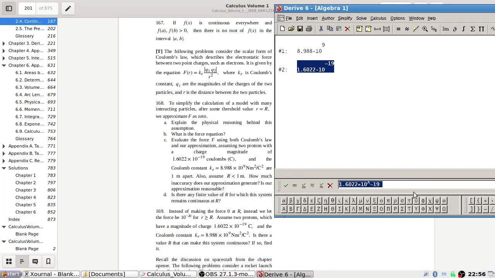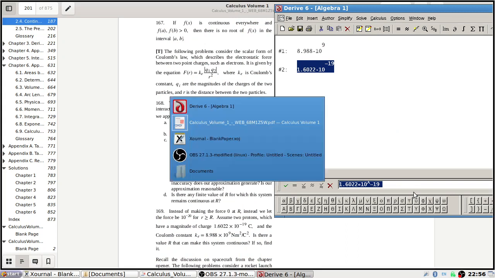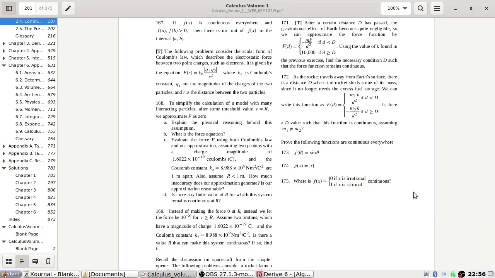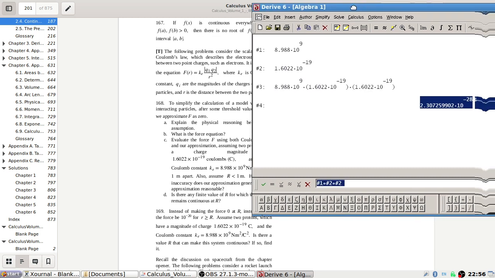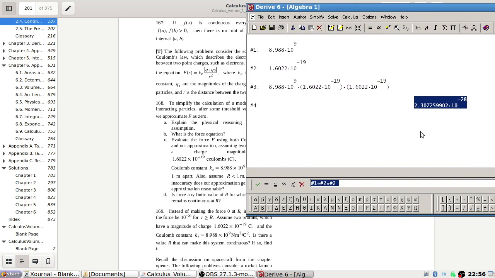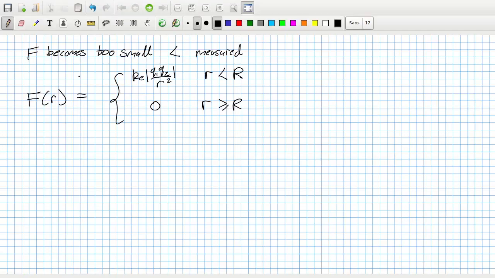Okay, anyways, let's see. 1 meter apart, so that makes the r squared 1. That's easy. So it's just going to be K times Q times Q. So that's how much force.